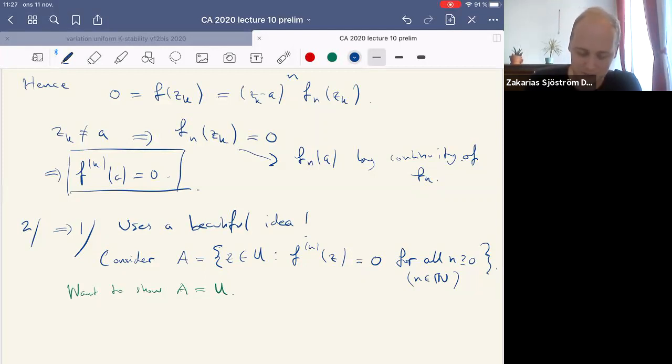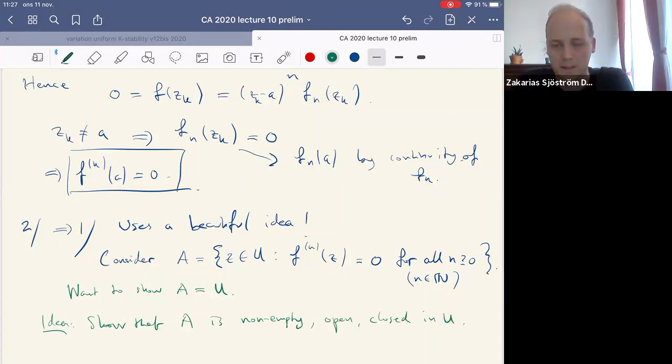It's kind of a miraculous method from topology. So the idea is to show that A is, first of all, non-empty. But second of all, we want to show that it's open, and we want to show that it's closed. All of this in U, right?